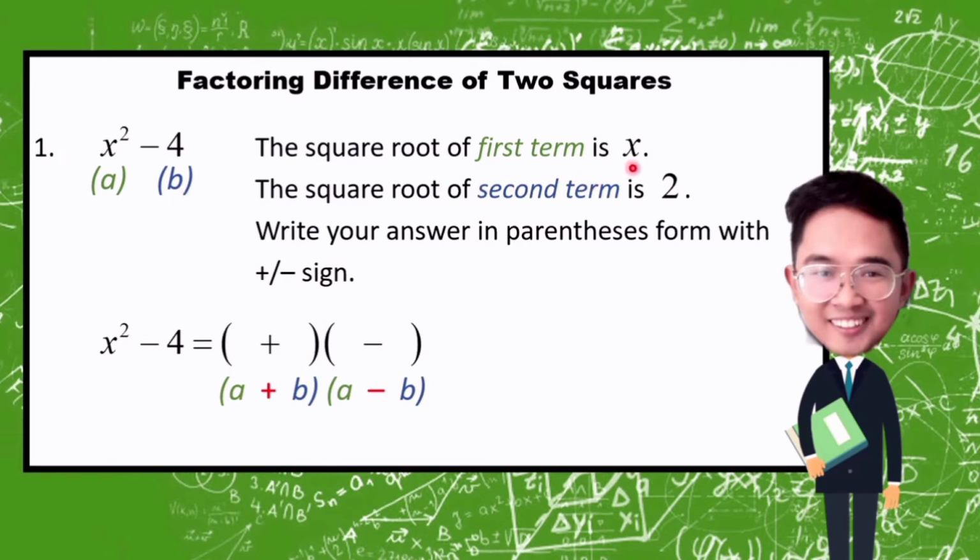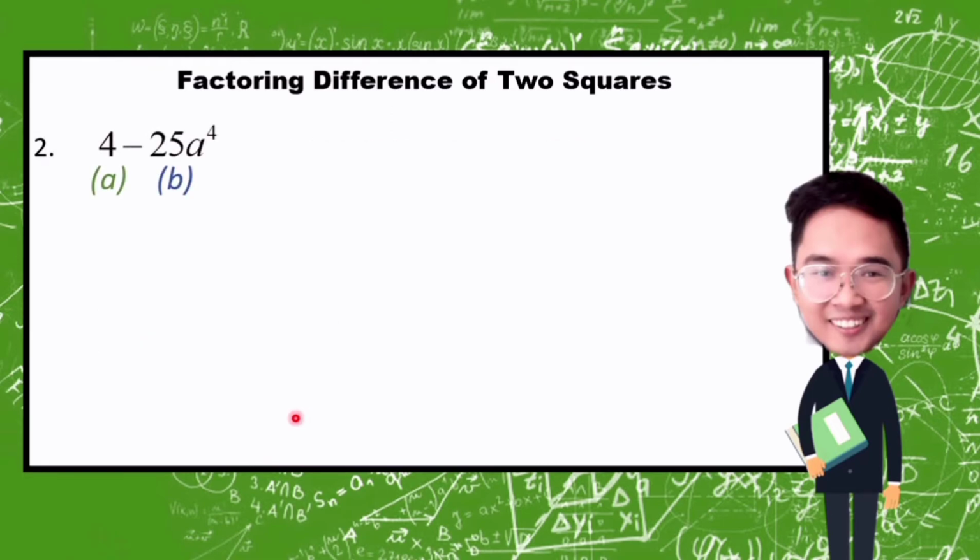Just input the square root of the first term to the first term of your binomials, and input the square root of the second term, which is 2, to the last term of your binomials. Therefore, the factors of x squared minus 4 are the quantity of x plus 2 multiplied by the quantity of x minus 2.